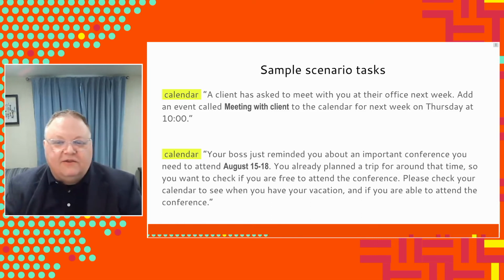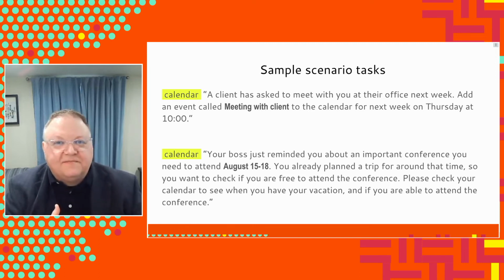Or your boss just reminded you about an important conference you need to attend August 15 to 18, and you've already planned a trip around that time. So we want to check if you're free to attend the conference. Please check your calendar, because in this application, we had put events on the calendar already. Check your calendar to see when you have your vacation and if you're able to attend the conference. So again, we're setting up that brief context about your boss has reminded you about this conference and what the dates are, and you want to check if you're free.